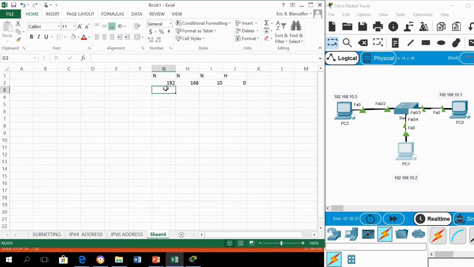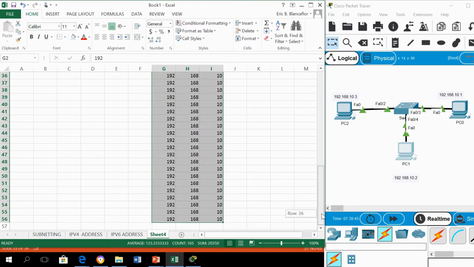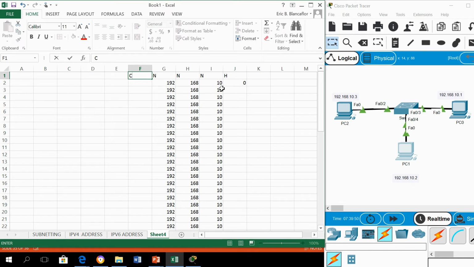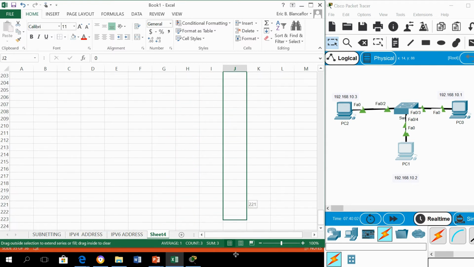Observing the first concept we've discussed, the network part should be same. So in a given network, the network parts are all the same. The first three numbers in class C are all same. So we can only manipulate the last number, the last octet, and the range is from 0 up to 255.